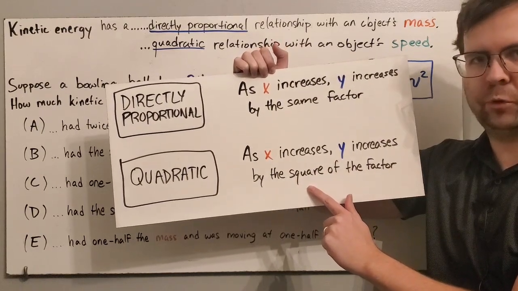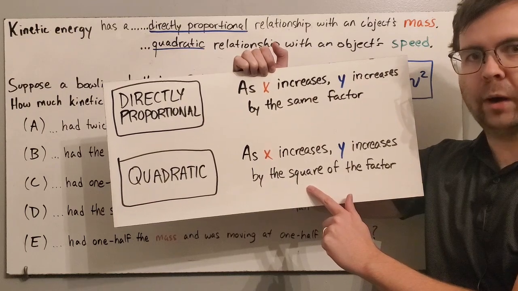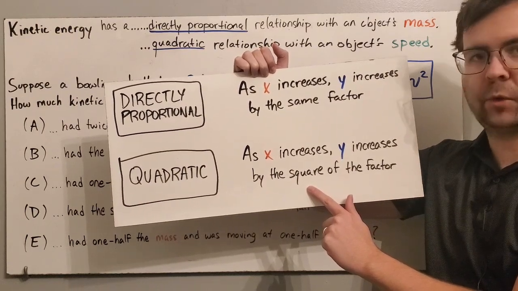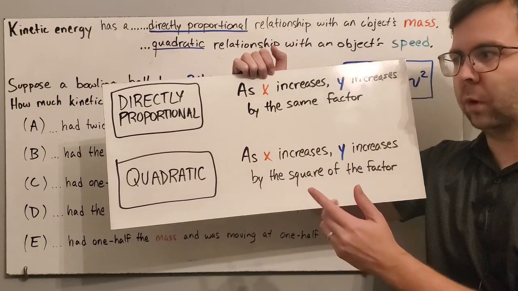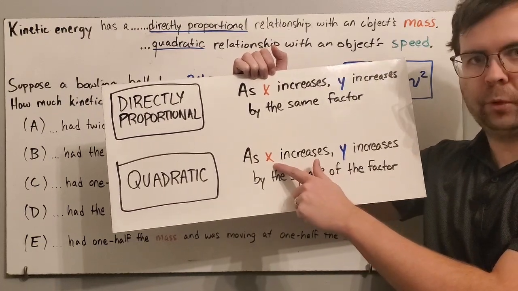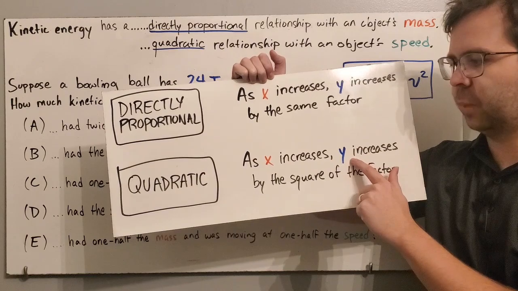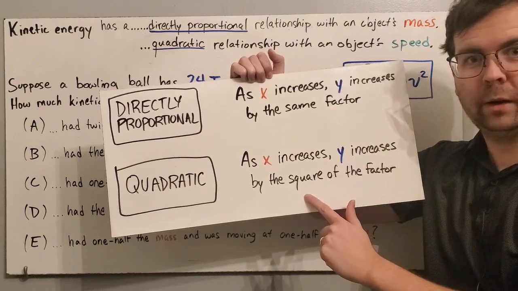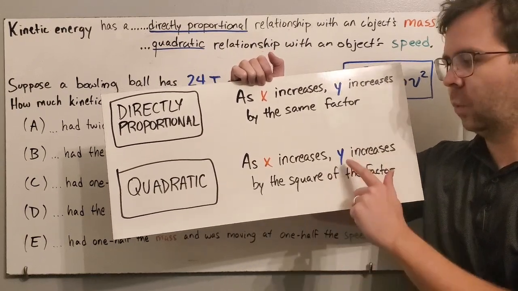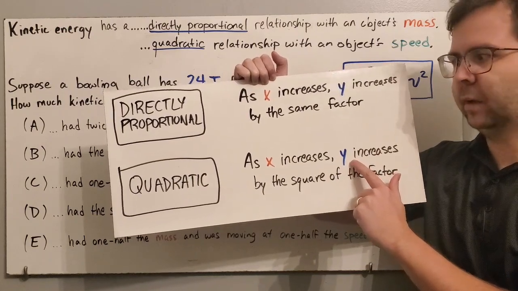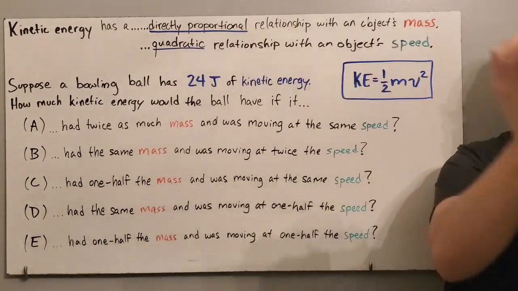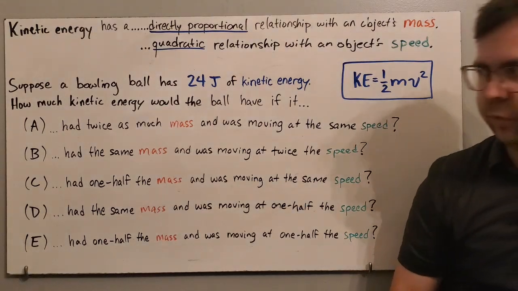So double is times 2, so 2 squared is 4, so y would increase by a factor of 4. Or if x tripled, then y would increase by a factor of 3 squared. 3 squared is 9, so y would go up by a factor of 9. So this is a quadratic relationship, and that's what we see for kinetic energy and speed.